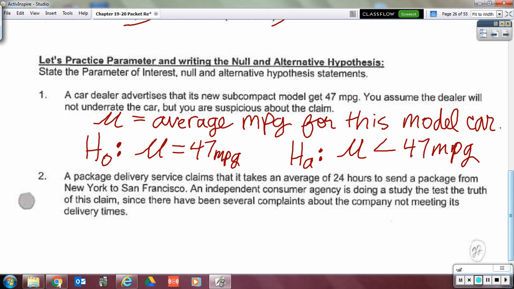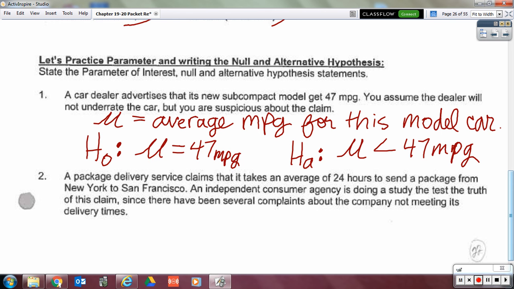Okay, very good. Let's do one more, and then I'm going to let you start trying some on your own to practice. Here we go. Number 2. A package delivery service claims that it takes an average of 24 hours to send a package from New York to San Francisco. An independent consumer agency is doing a study to test the truth of this claim, since there have been several complaints about the company not meeting its delivery times.